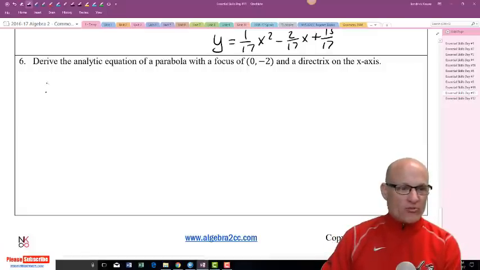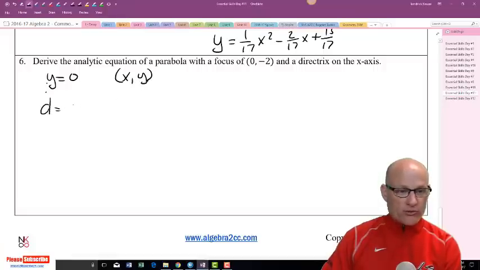Oh, so my directrix is y equals 0. So x, y. So now we're going to do our distances. Distance is equal to y minus the y value of the directrix, 0, which is just y. That's easy.